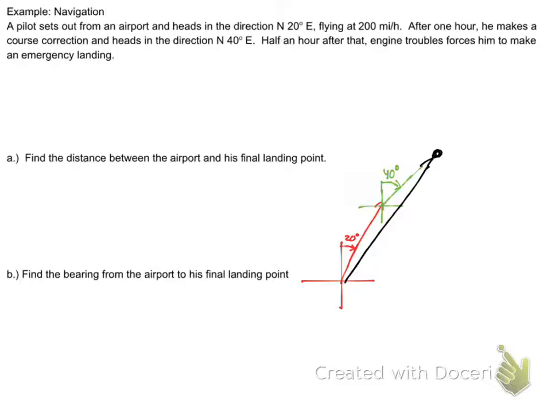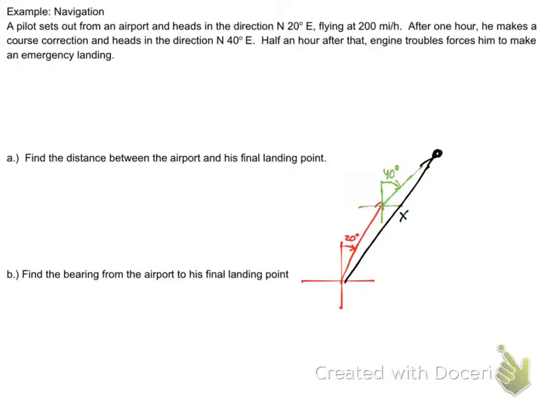Find the distance between the airport and his final landing. How do we know our angles? You've got to use that whole parallel line stuff. All east-west lines are parallel. I want to know this x right there, that distance, the black line.